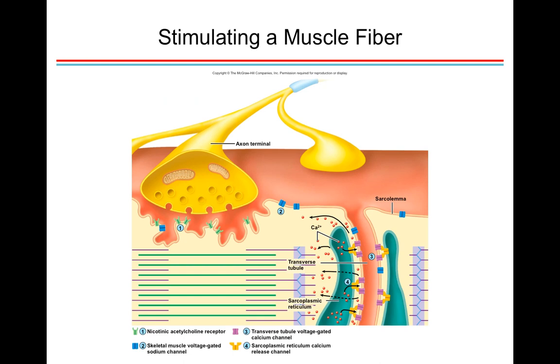So in order for a motor end plate to trigger a contraction in a muscle, the neurotransmitter acetylcholine needs to be secreted by the terminal of the axon. Then the postsynaptic portion is the muscle cell, right? We have the sarcolemma surrounding the muscle cell, and we have the nicotinic acetylcholine receptor in the membrane of the muscle cell.